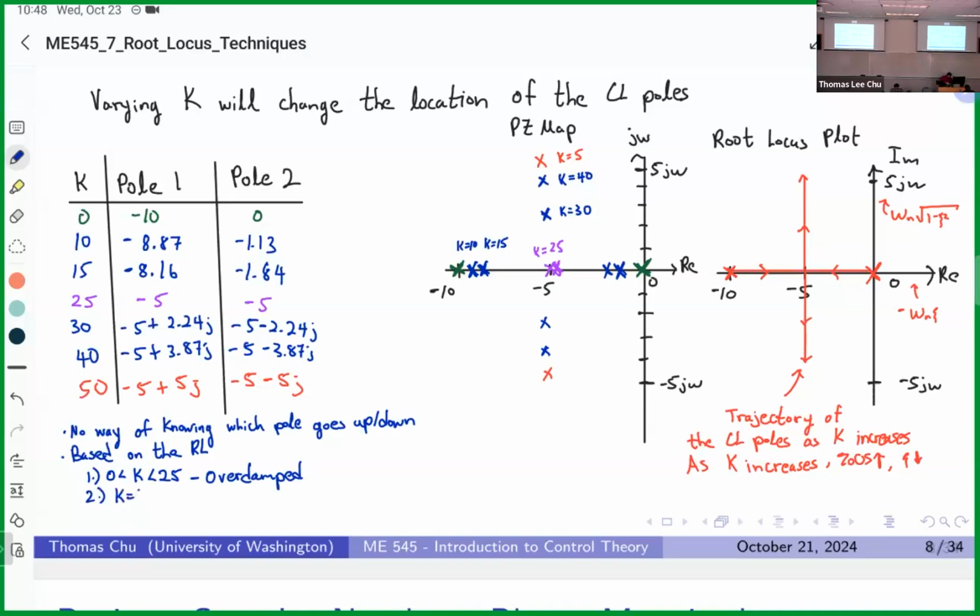At k equal to 25, the system is critically damped. And at k greater than 25, the system is underdamped.